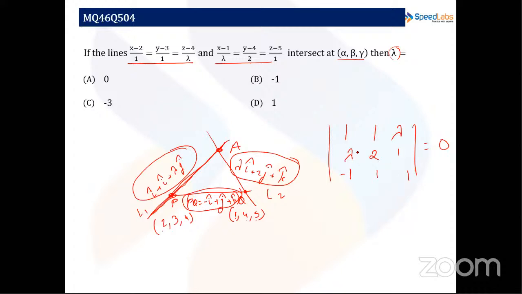So on solving this determinant, we get 2 into 1 minus 1 into lambda plus (1 plus lambda) into (lambda plus 2) equals to 0. We will be getting 1 minus lambda minus 1 plus lambda into (lambda plus 2).